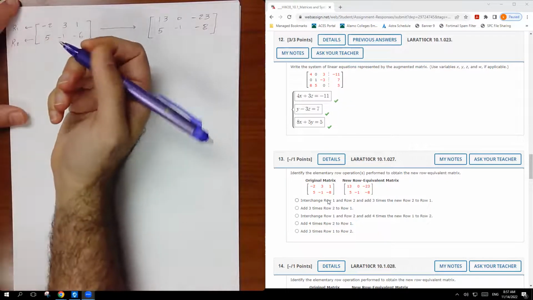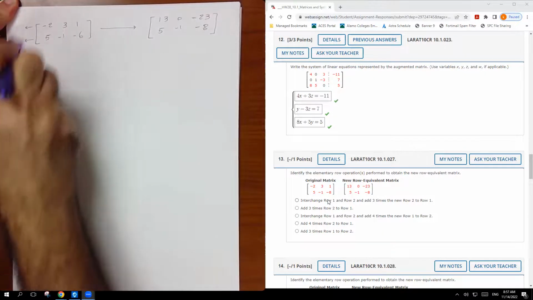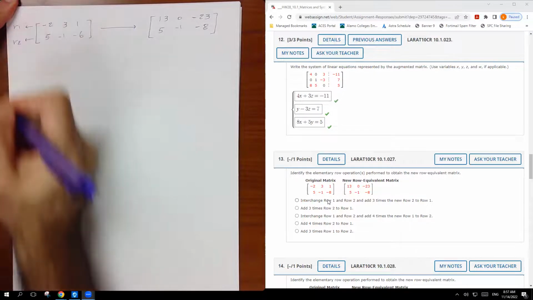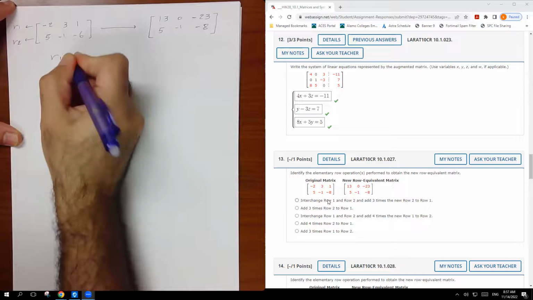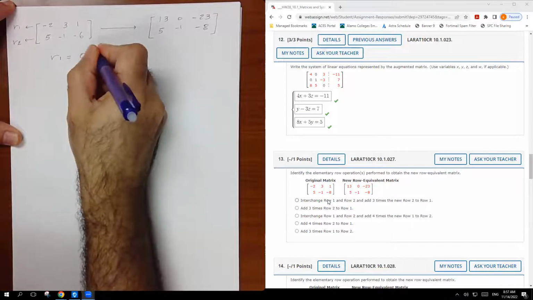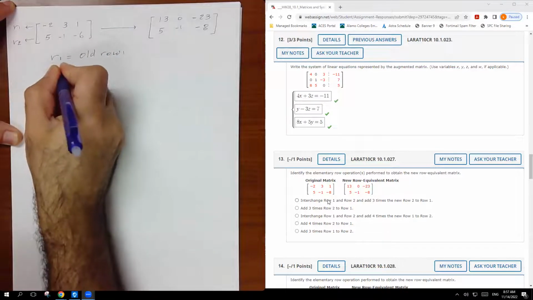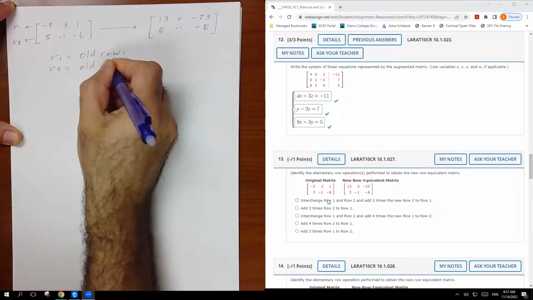First of all, I'm going to write these in small letters. Keep in mind, when I write small r1, this means the original or the old row 1. Small r2, this is the old row 2.